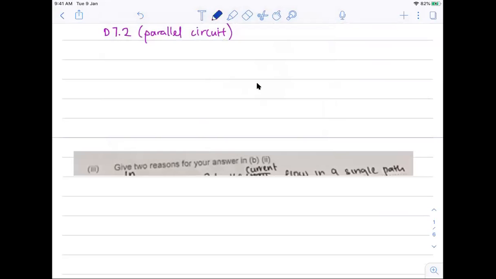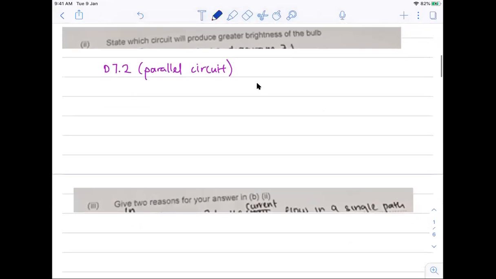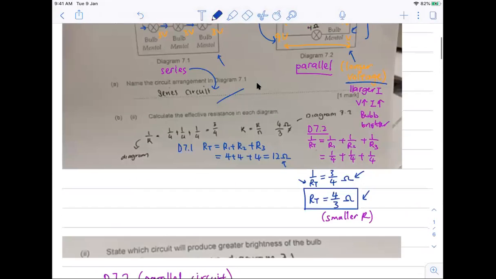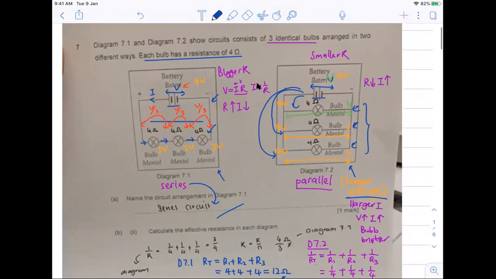So just now I already explained. For parallel circuit, I already explained here.